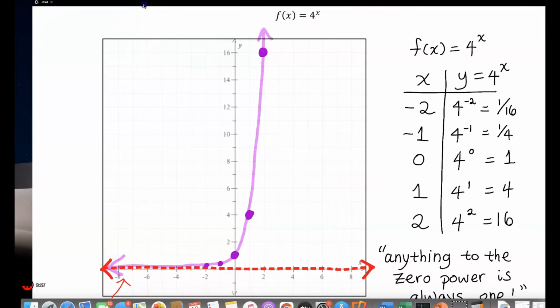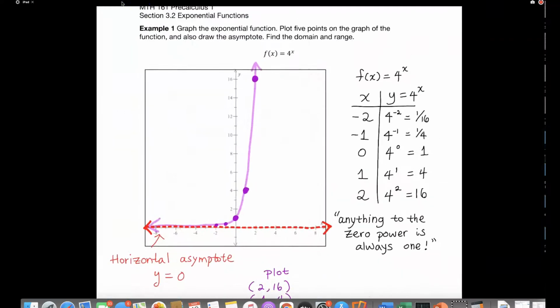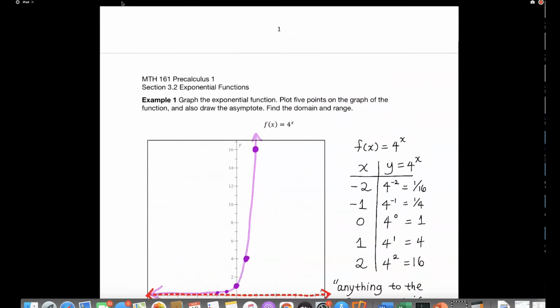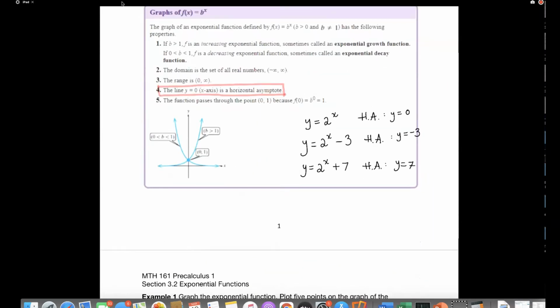So that's why we will have this horizontal asymptote at y equals 0, because the left end behavior of this function is approaching y equals 0. Now let's talk about the domain and range of this function, okay? So first of all, domain. Remember, the domain of any exponential function is always all real numbers.